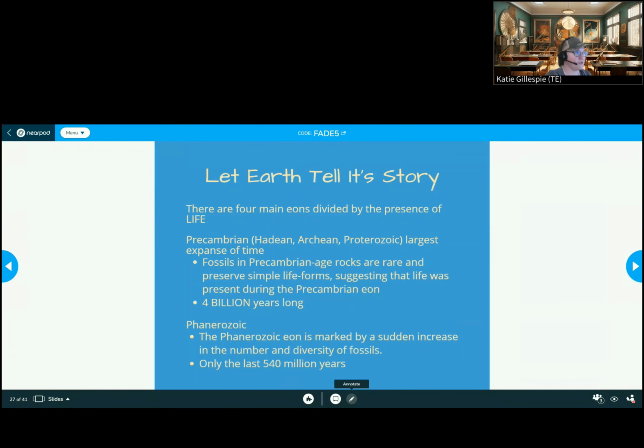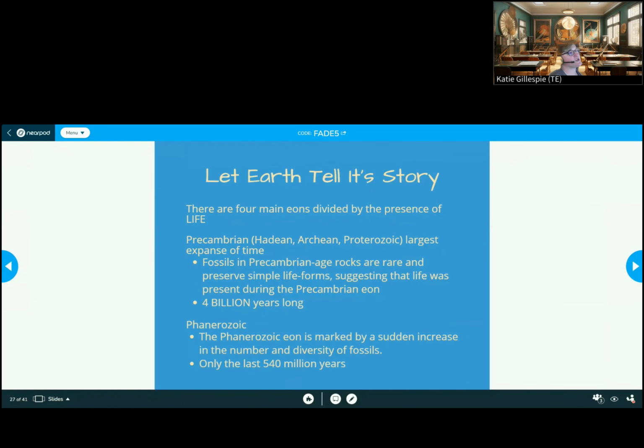Okay, so only that 0.6 mark is where we have evidence of time. 4 billion years, we don't know. We got speculation, we got some evidence, but really the vast majority of our evidence that we have built Earth's history on is the last 0.6 billion years. Seems kind of crazy, right?